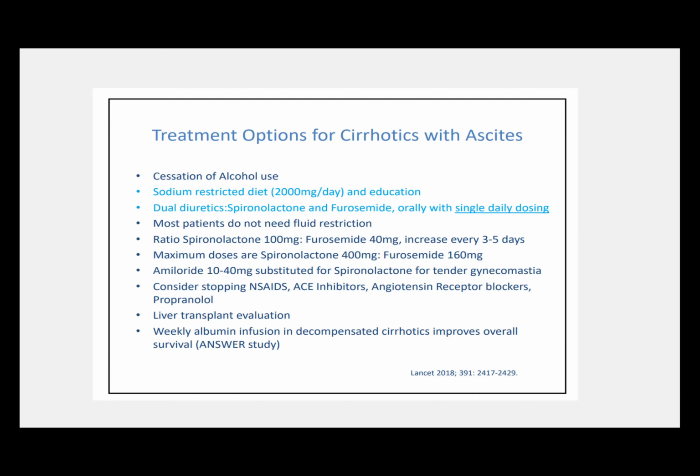So you really want to take them off of any type of nephrotoxic medications like NSAIDs, ACE inhibitors, ARBs. And then you also want to take them off of anything that will cause hypotension. And this is a little bit of a controversial discussion, which is the non-selective beta blockers, because some of these patients are already on it for variceal bleeds.